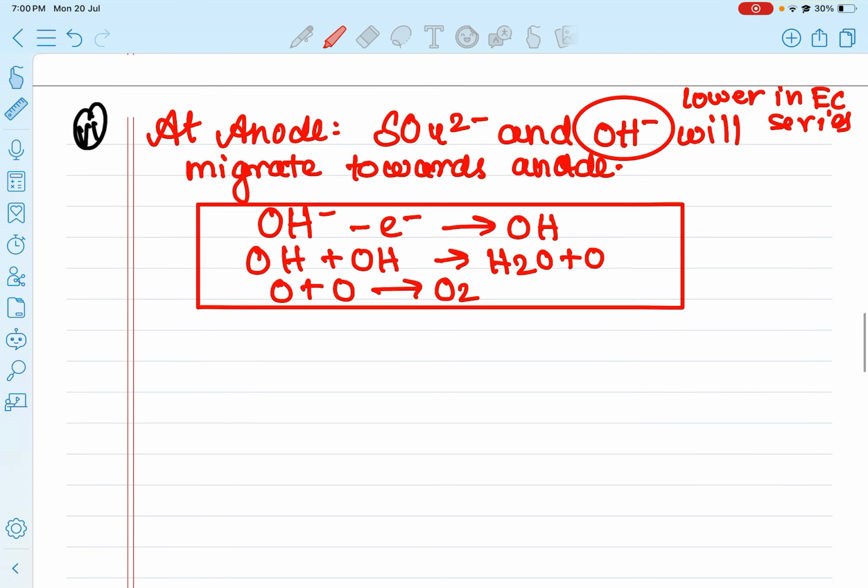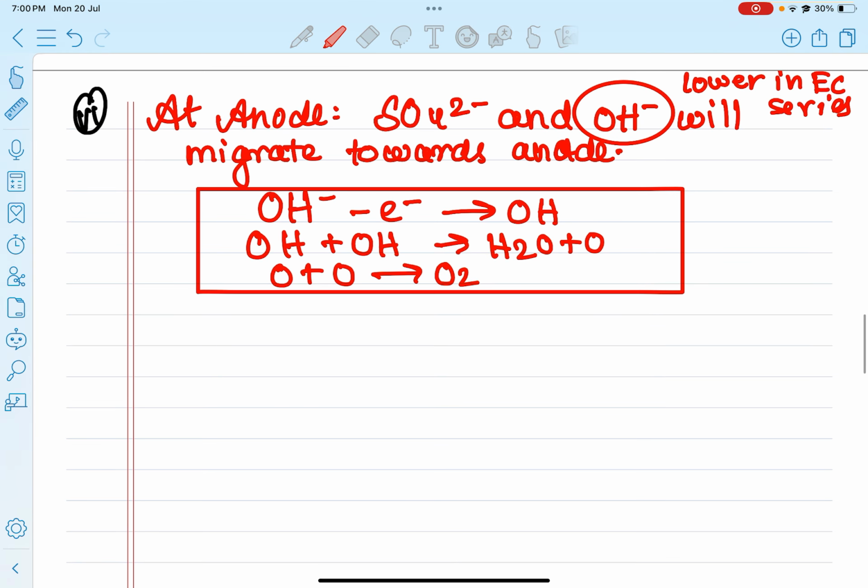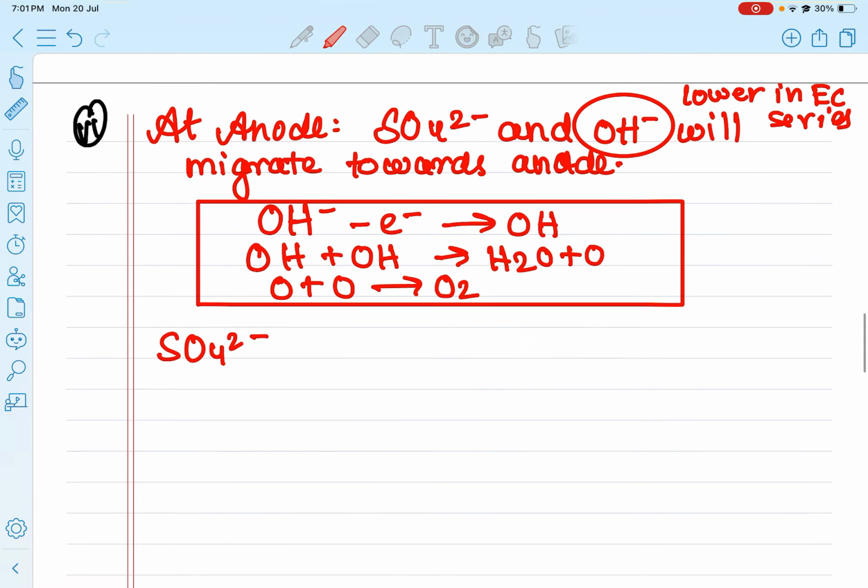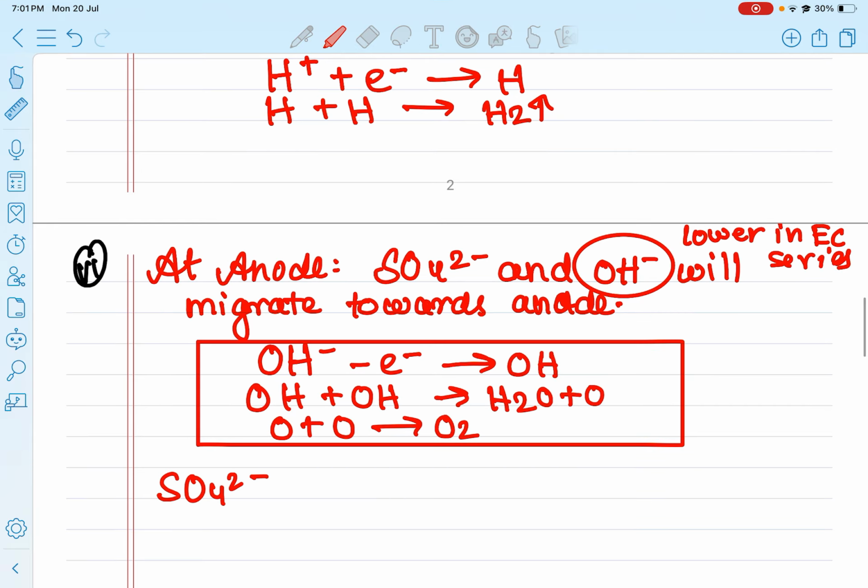Right, now SO4 2 minus भी गया था, right? SO4 2 minus also migrated to the anode. Wait, just wait. Since SO4 2 minus is migrated to the anode and H plus ions have been discharged, the concentration of sulfuric acid will decrease at the cathode. What did I just say?